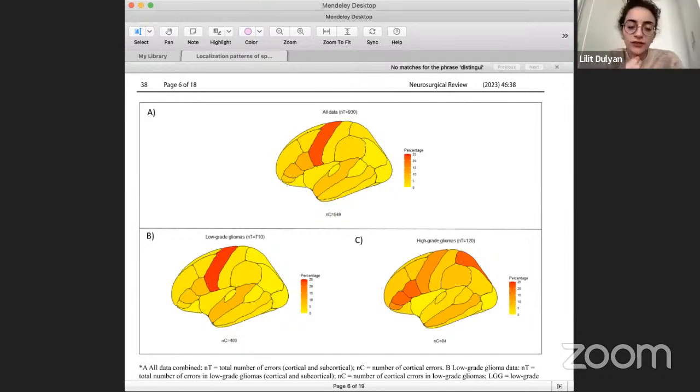But do they discuss why it is different? Just by the fact that a low-grade glioma can grow slowly over 10 years, which allows the brain to compensate a lot, and maybe relocate some of its function.